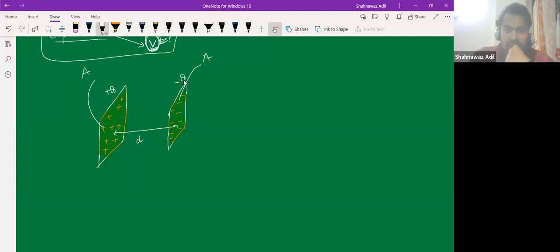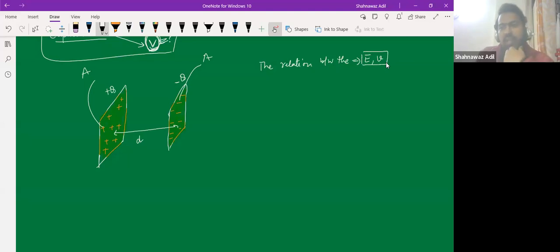Let's say the potential between these two plates is delta V, or let's say V. And we know the relation between the electric field and potential.